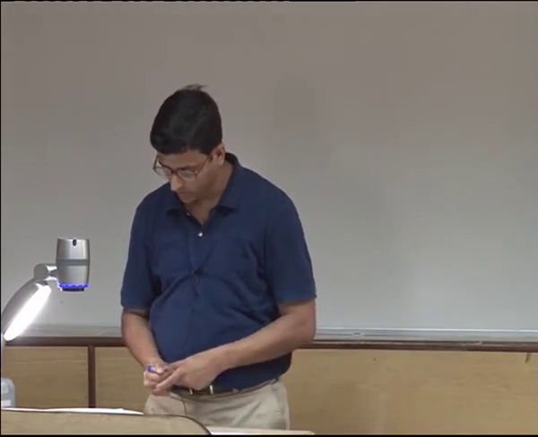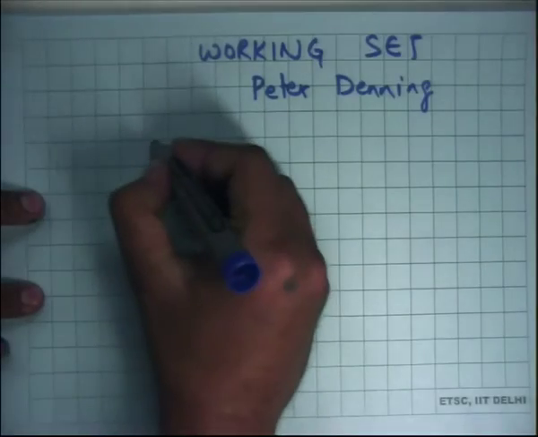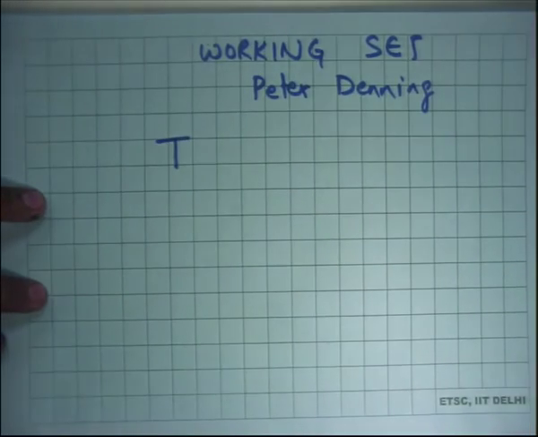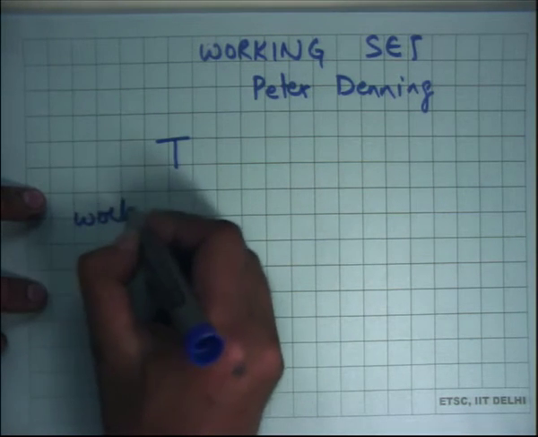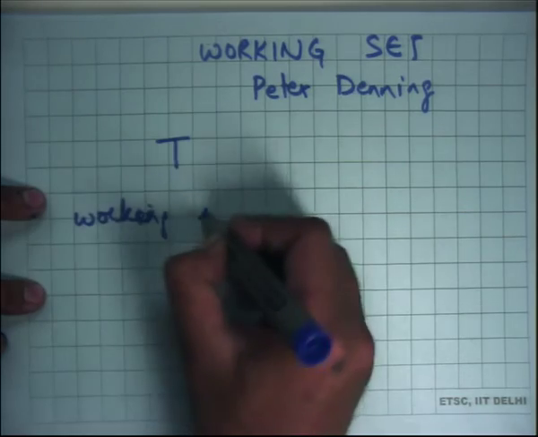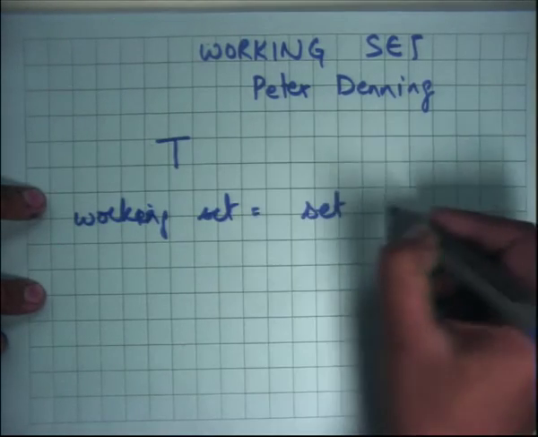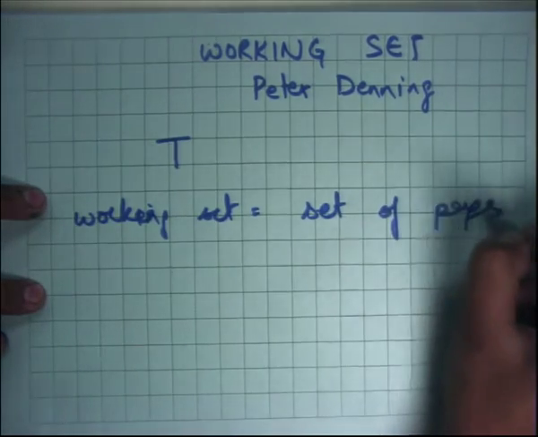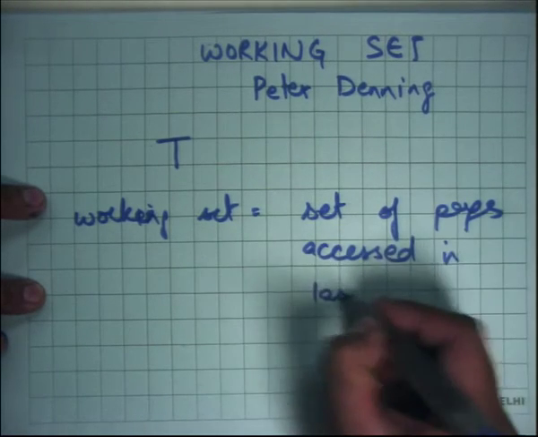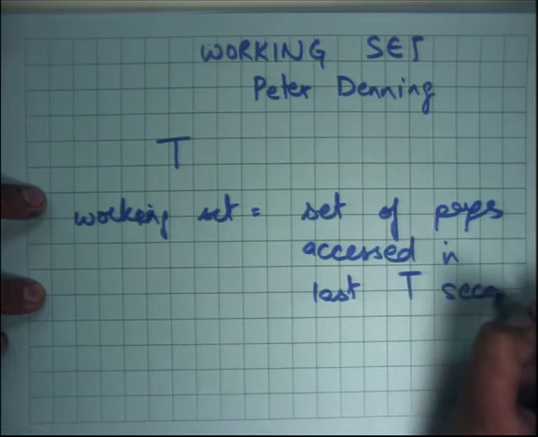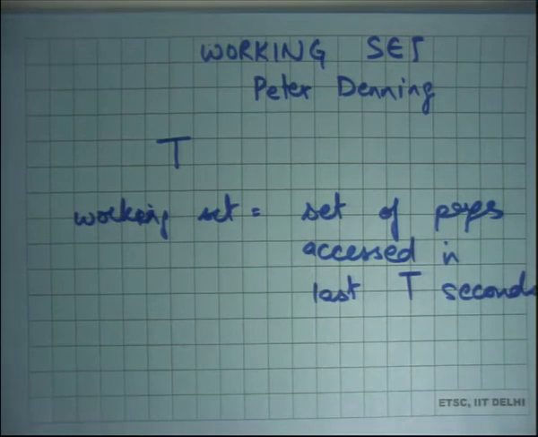The working set is based on a parameter called T, and a working set is basically the set of pages accessed in the last T seconds.